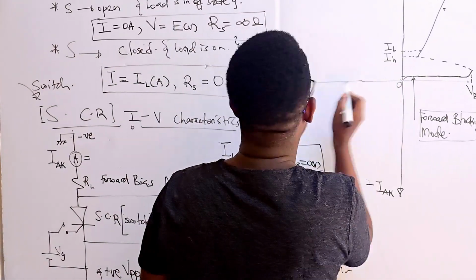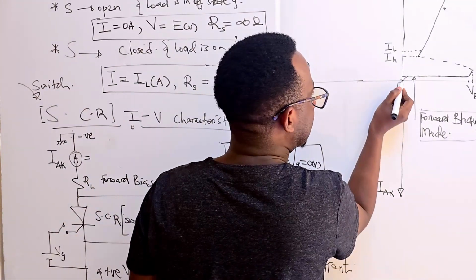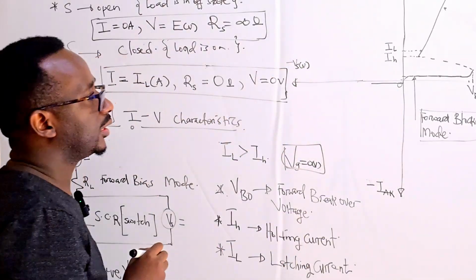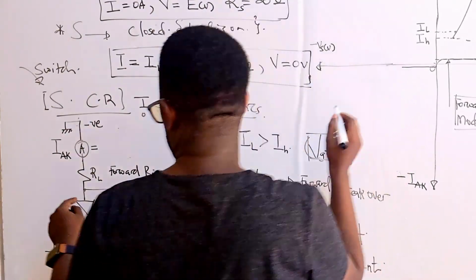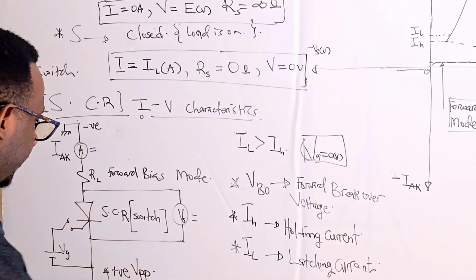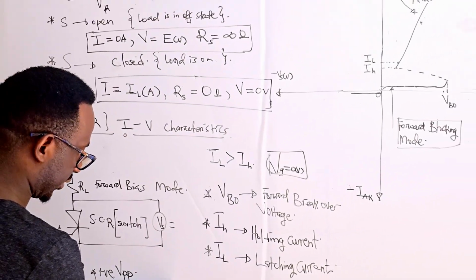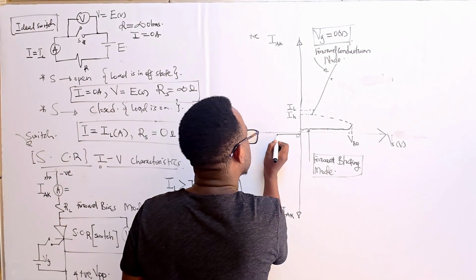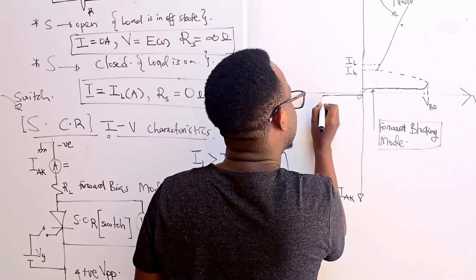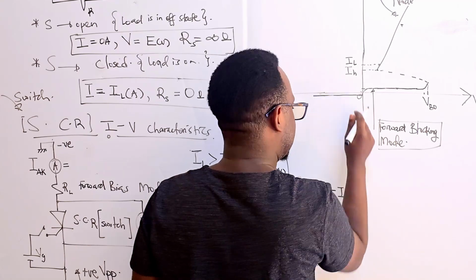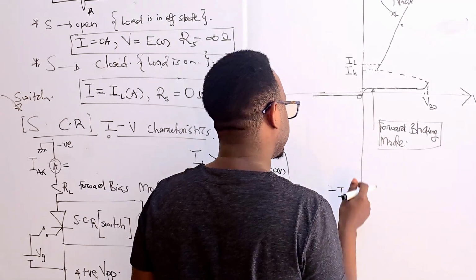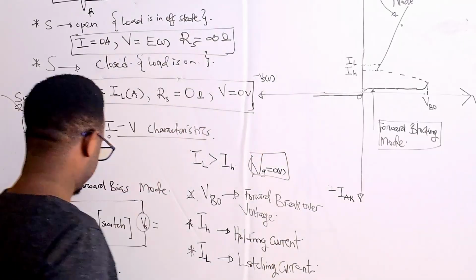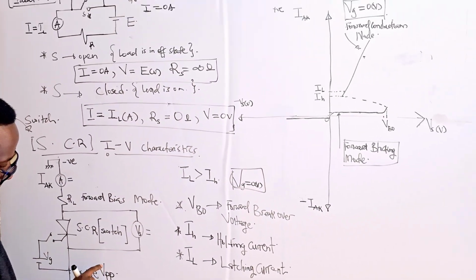When we look at the IAK, it's a very small negative value that flows if we keep increasing VPP from 0 volts. We'll keep seeing almost no change in the current, though in the reverse sense, because we've reversed the polarity of the whole supply voltage VPP.